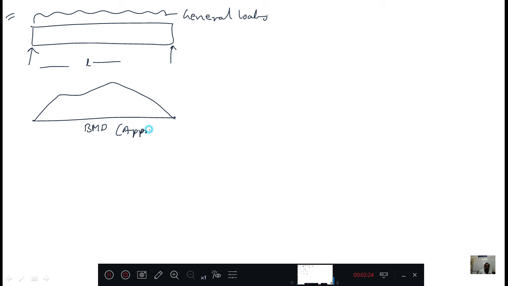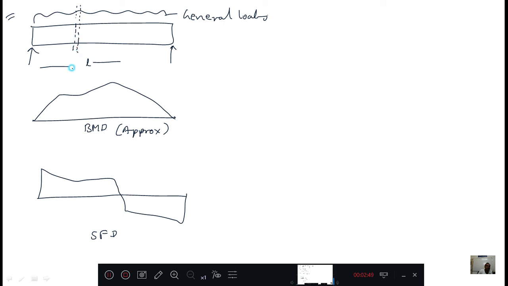And if I draw the shear force diagram for this, because I don't know some loads here, I may get this shear force. This is SFD. Now I will consider two sections on the beam. One is this section and another is very near to that section, and the distance between these two sections is dx.